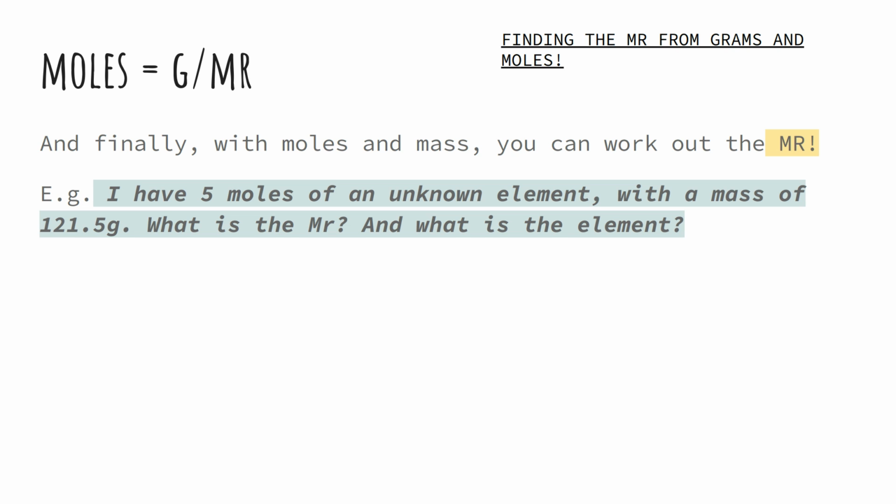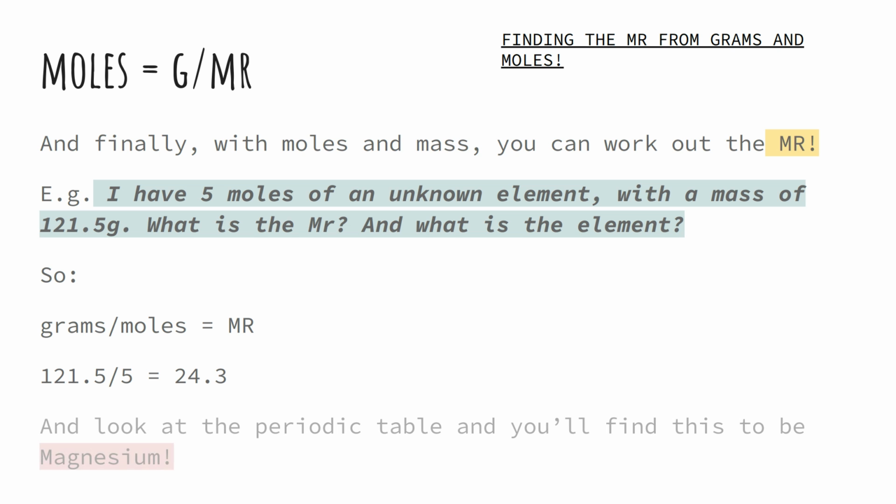What is the MR? And what is the element? So, first we must rearrange the equation. Grams divided by moles equals MR. And 121.5 divided by 5 equals 24.3. And then look at the periodic table and you'll find 24.3 as an MR equates to magnesium.